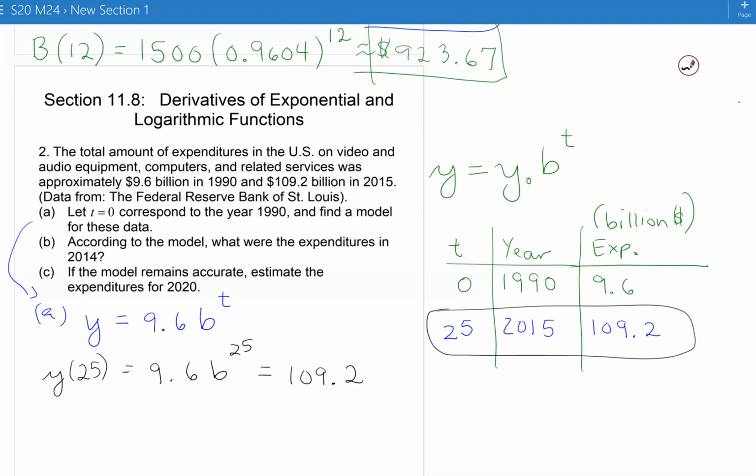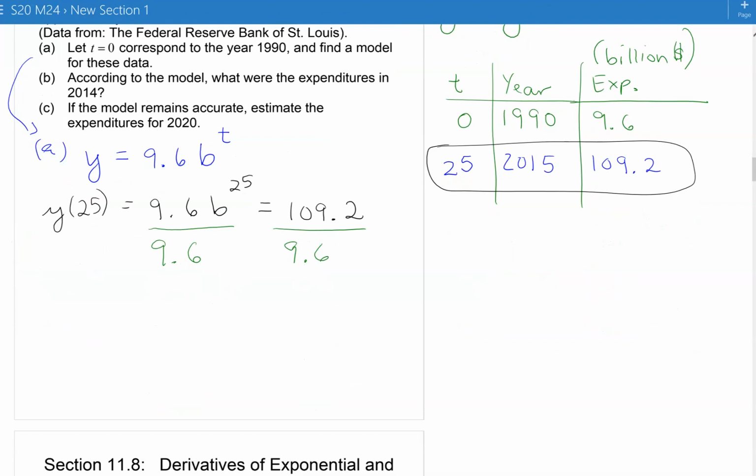When you're solving an equation that has an exponential function, the b to the 25th power, you need to isolate the exponential part. So you're going to need to divide both sides by 9.6. So then you're going to have b to the power of 25 is 109.2 over 9.6.